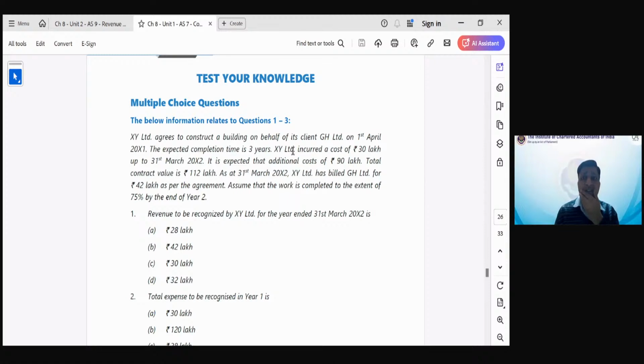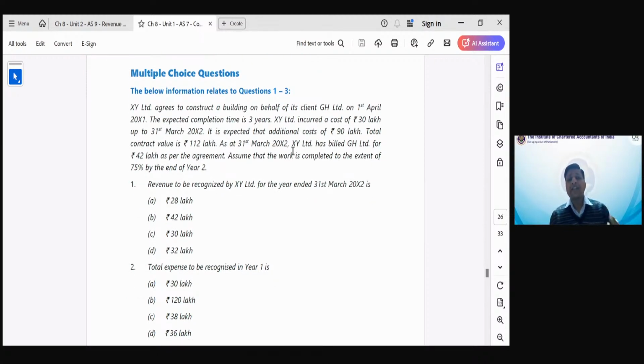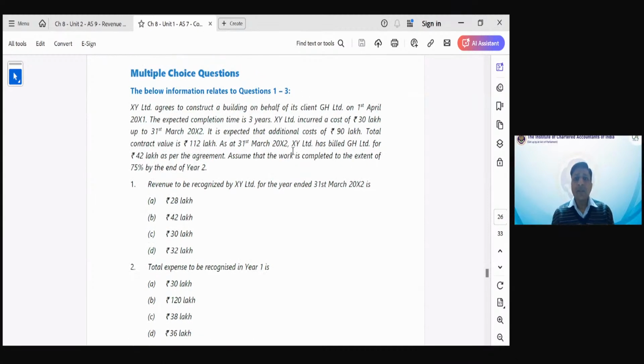Now, in this particular case, the question is the total expense to be recognized in year 1. That's the question it is asking. Looking at the question, XY incurred a cost of 30 lakhs up to 31st March X2, and it is expected that the additional cost will be 90 lakhs.